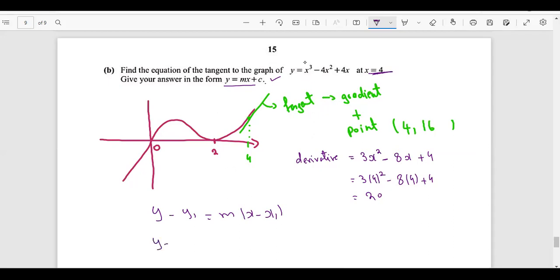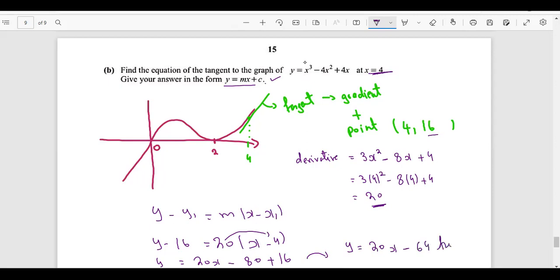So y minus 16, that is my y1, equals m, that was 20, this is the gradient, into x minus 4. Now I'll simplify this, so it would give me y equals 20x minus 20 into 4 would give me 80 plus 16. I am going to simplify this, and the answer is going to be y equals 20x minus 64.